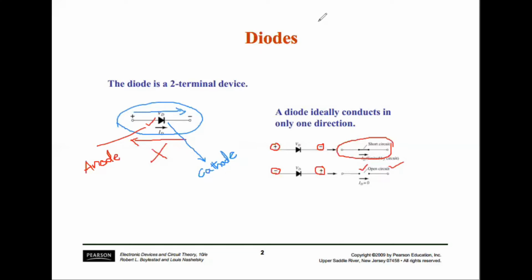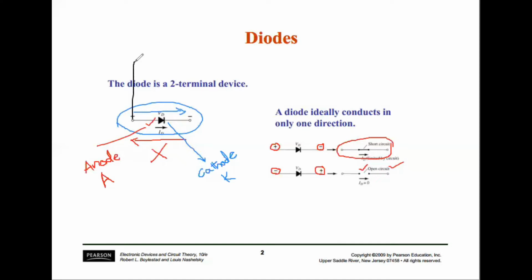Okay, anode is represented by A, while cathode is represented by K. So these are basically the two terminals, and when we apply a voltage here, like here we have a diode.